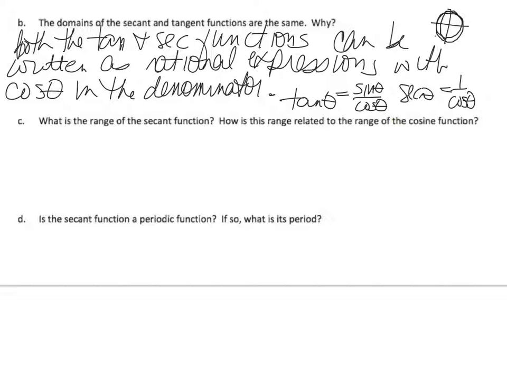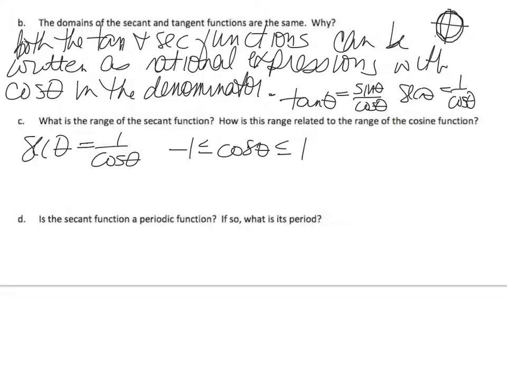What is the range of the secant function? Okay, secant theta equals 1 over cosine theta. Let's see where this leads us. Cosine theta, my range is my output, and that can be anywhere from negative 1 to positive 1.